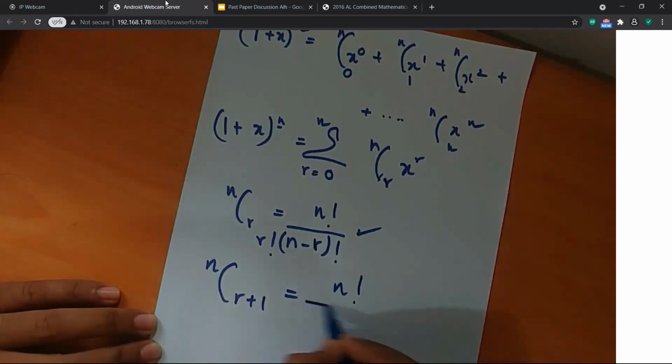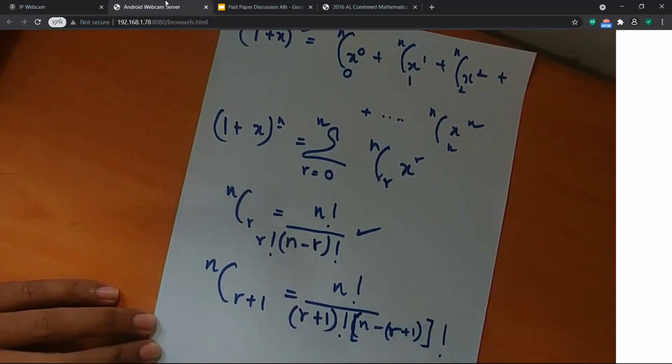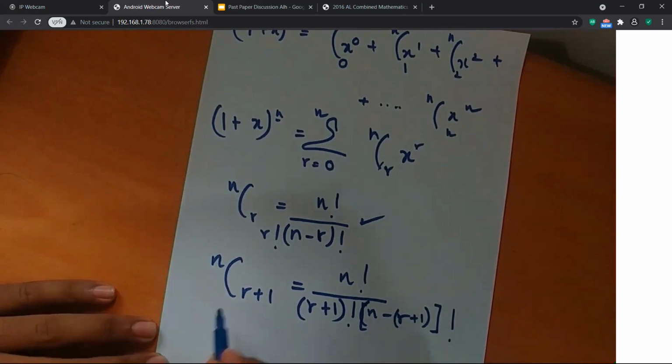Factorial n divided by factorial r plus 1, where there is r I put r plus 1, into factorial of n minus (r plus 1). Now, how do you simplify this? What they're asking is nCr+1 divided by nCr.